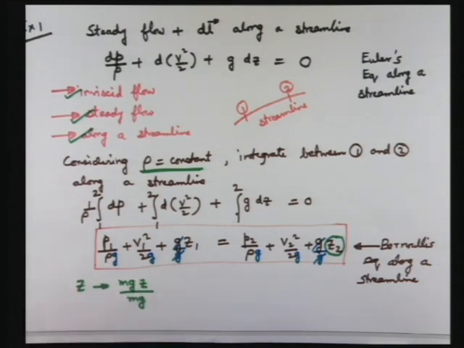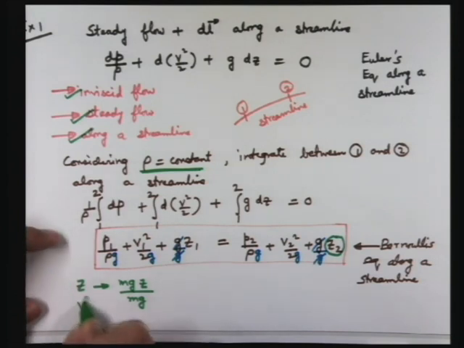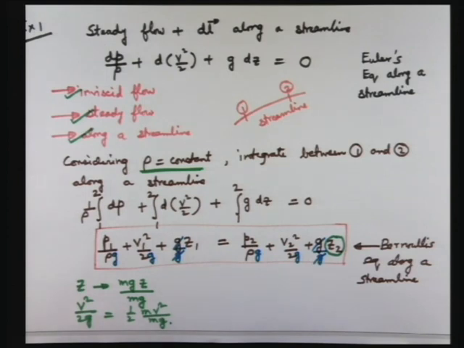Similarly, V square by 2g is equal to half mv square by mg. This is kinetic energy per unit weight. So all the terms are of the form of some energy per unit weight. Energy per unit weight in fluid mechanics is often called head.